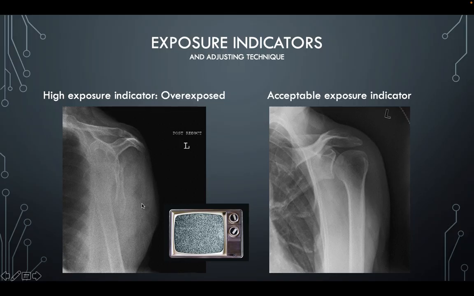It just got tissue. So this can be where exposure indicators can be a little tricky, and you have to rely on evaluation of your actual image. And then obviously a correctly exposed image over here.